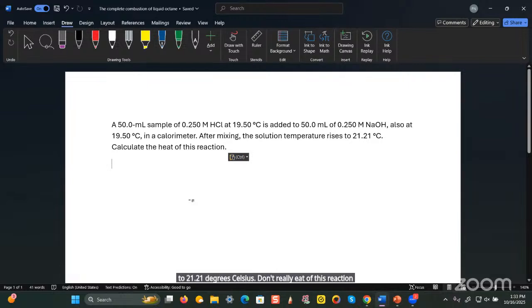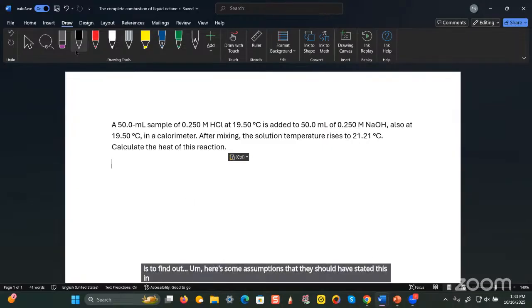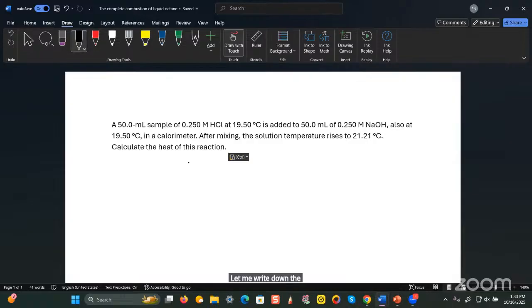Okay, so how do we go about this? The first thing we need to do is to find out, there are some assumptions, and they should have stated this in the question. Let me write down the assumption.